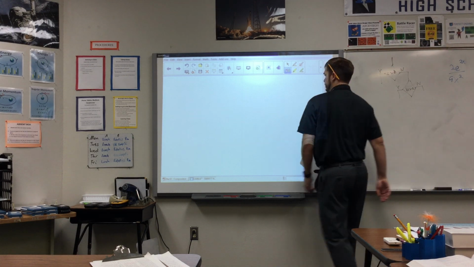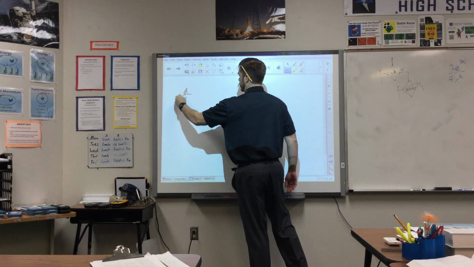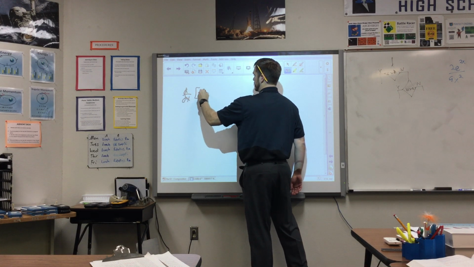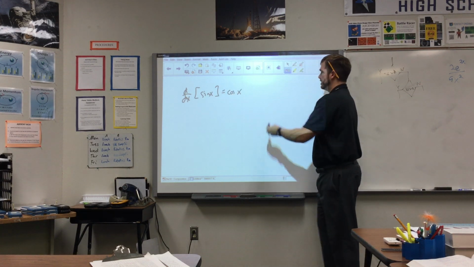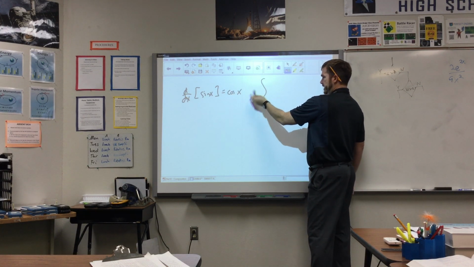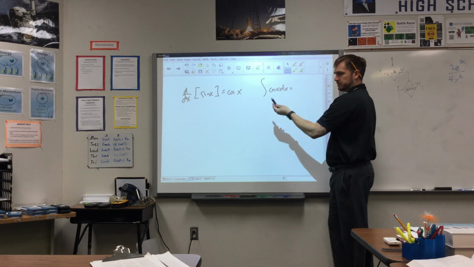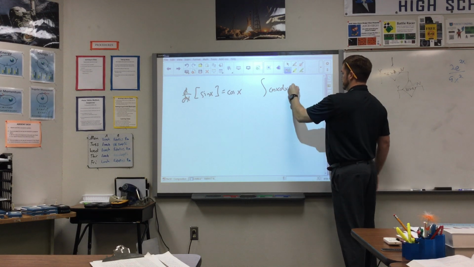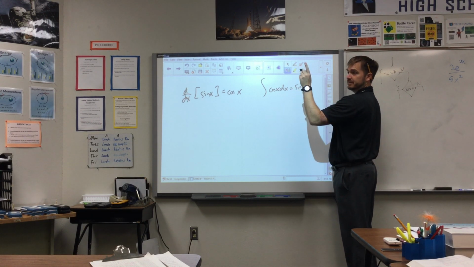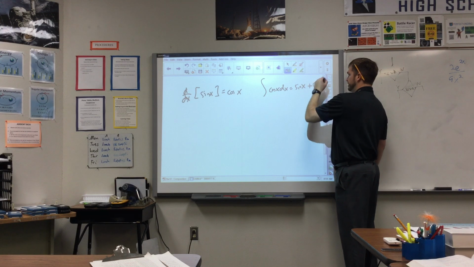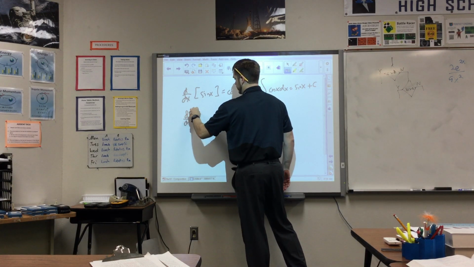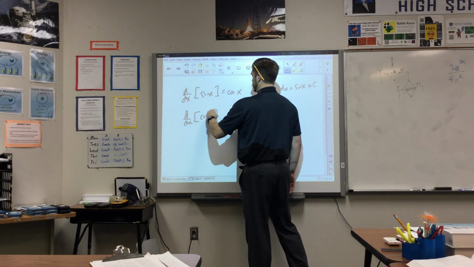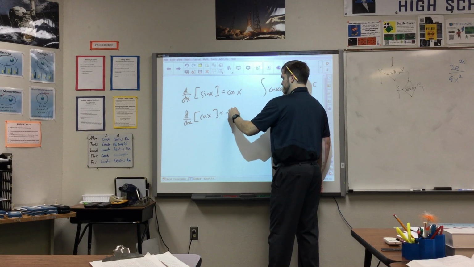Before, we talked about how the derivative of sine was cosine, so that would mean that the antiderivative of cosine is equal to sine plus c. The derivative of cosine was negative sine.